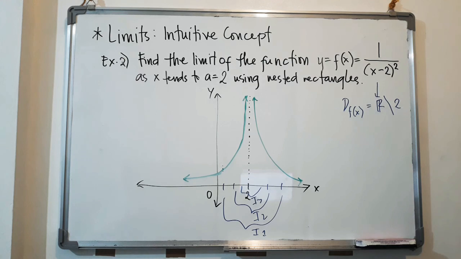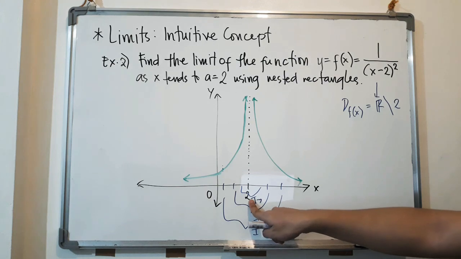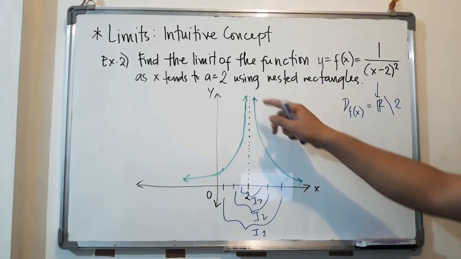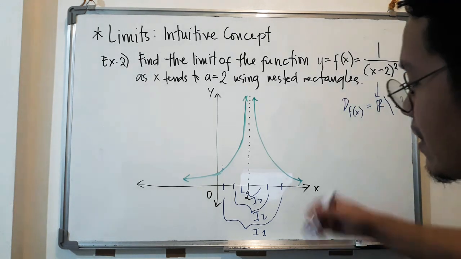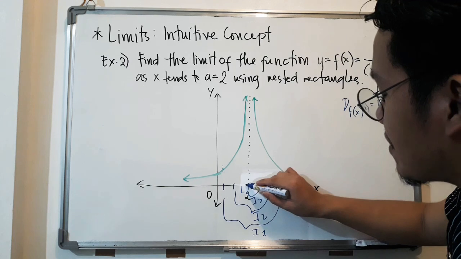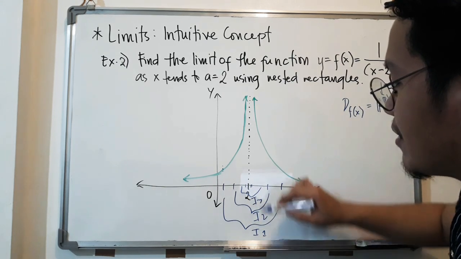For any interval I centered at a equals 2, the graph of this function f cannot be bounded by a rectangle. Diba? Kasi sabihin natin yung pinaka-small na interval. Okay?